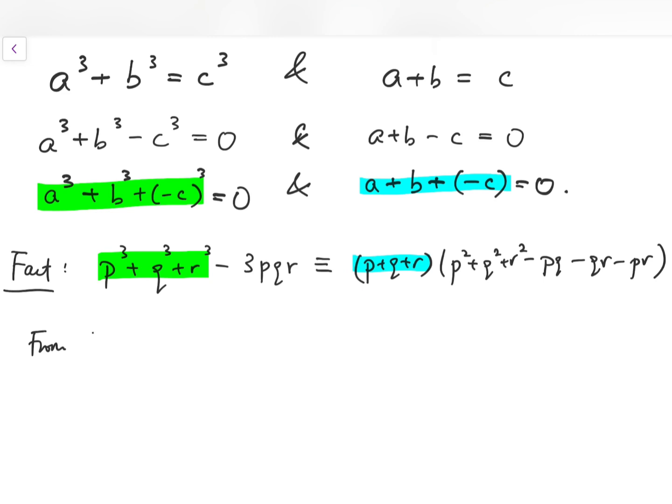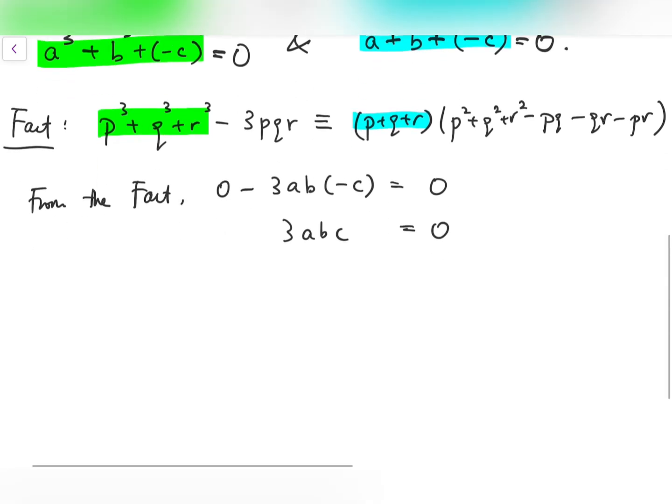So from the fact, we know 0 minus 3 times a, b, minus c equals 0 times some expression about a, b, and c. But that's not important because 0 times this expression is definitely 0. So we have 0 at the right side. Now that means 3abc equals 0, and we have abc equals 0, dividing both sides by 3.